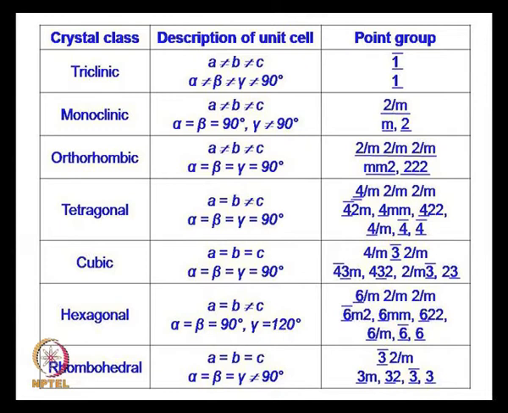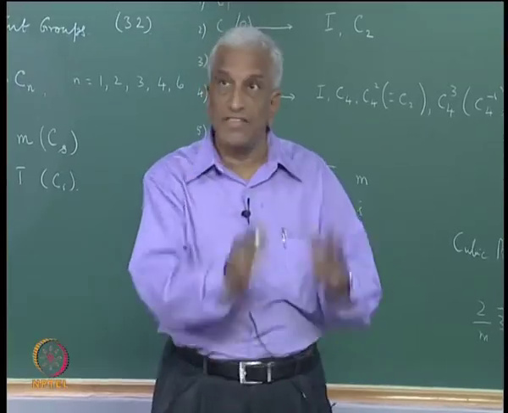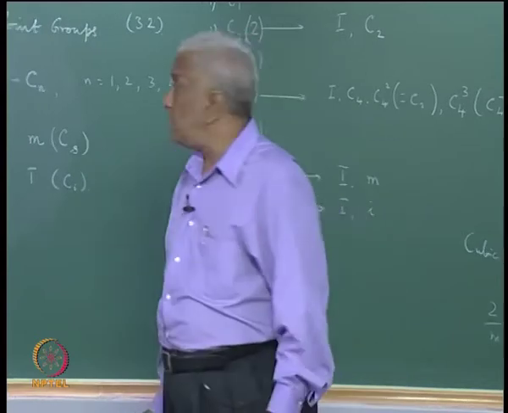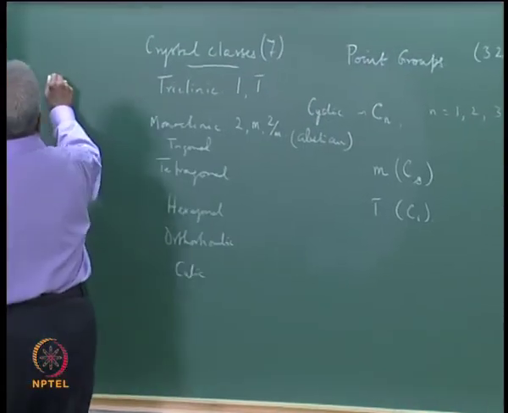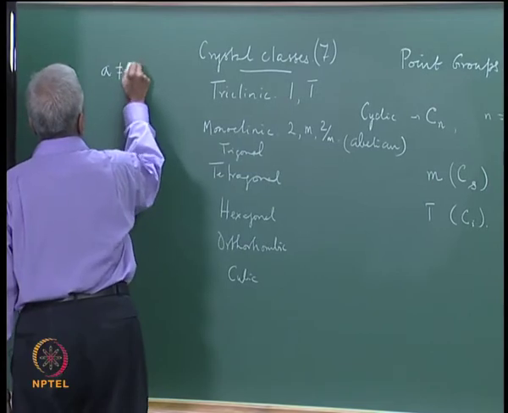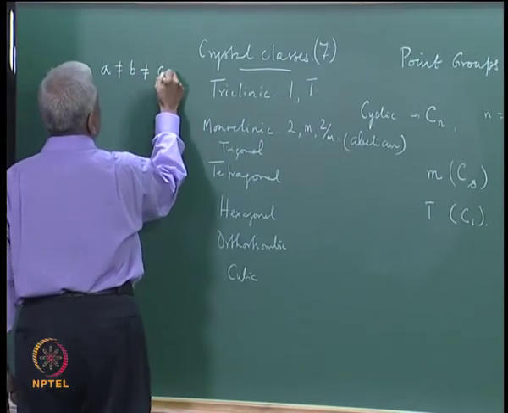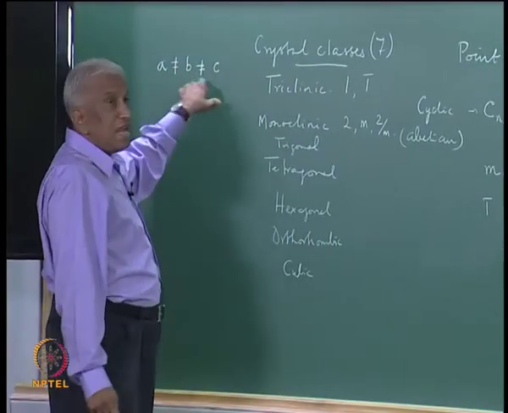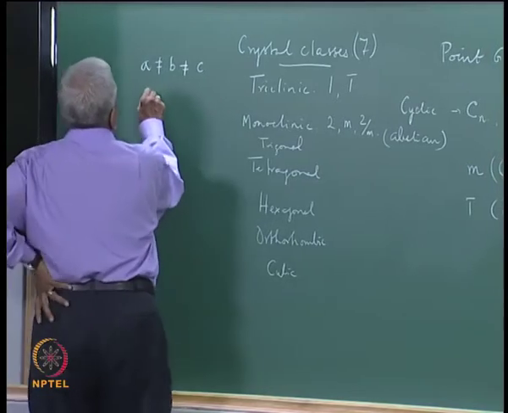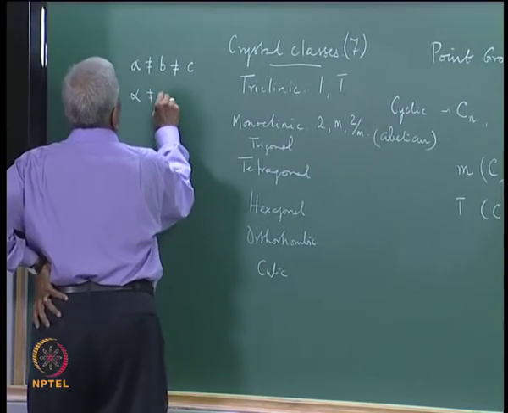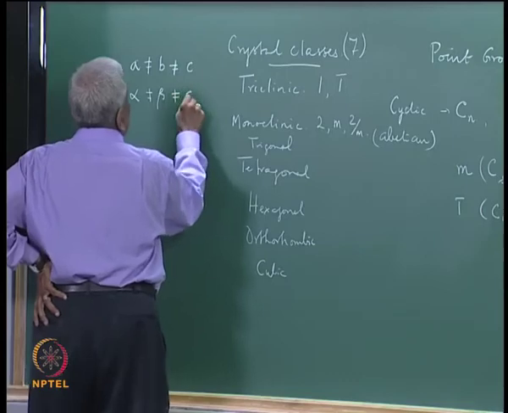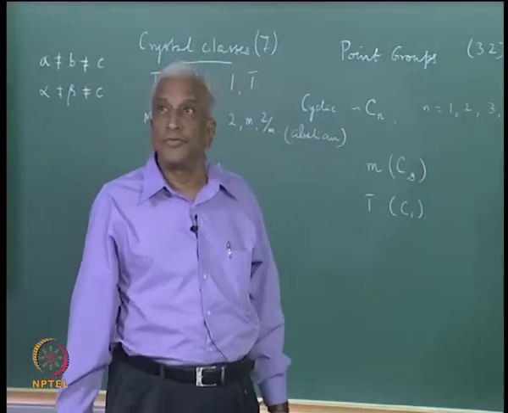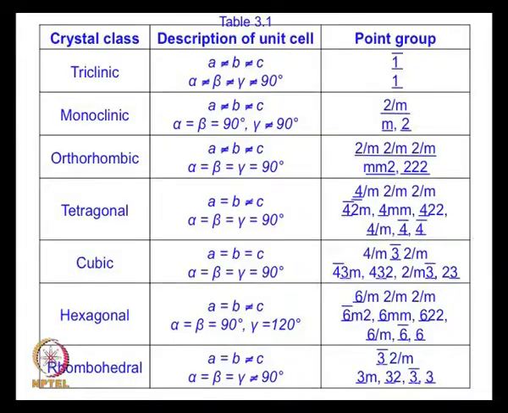Now, the crystal classes have different characteristics with respect to the shape or the description of the unit cell of the crystal, and as you can see, triclinic does not have any degree of symmetry, in the sense that the 3 lattice periodicities in the 3 crystallographic directions need not necessarily be equal, and this is also true for the interaxial angles alpha, beta and gamma.